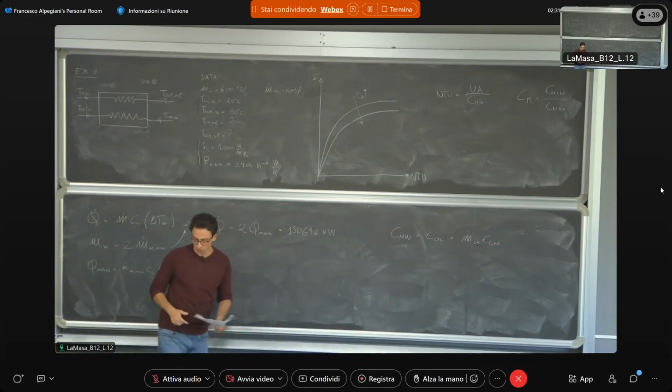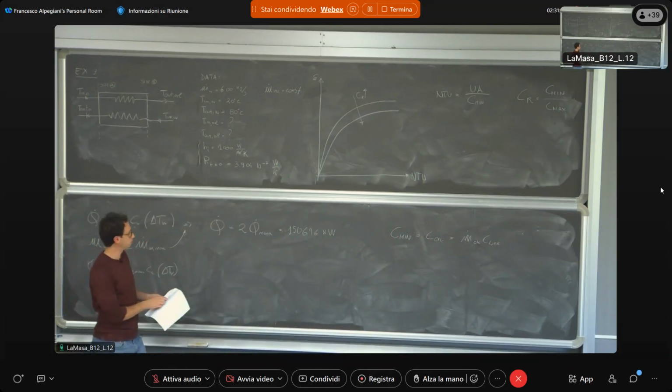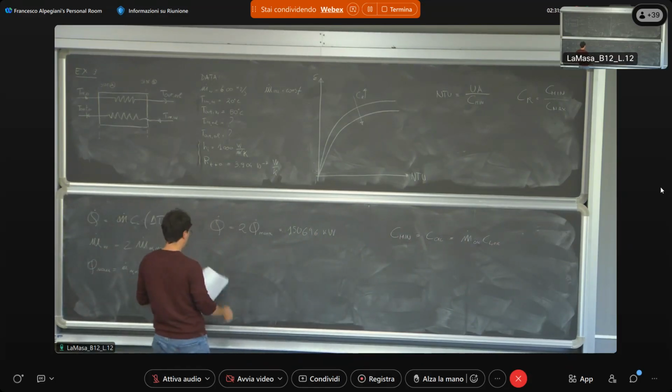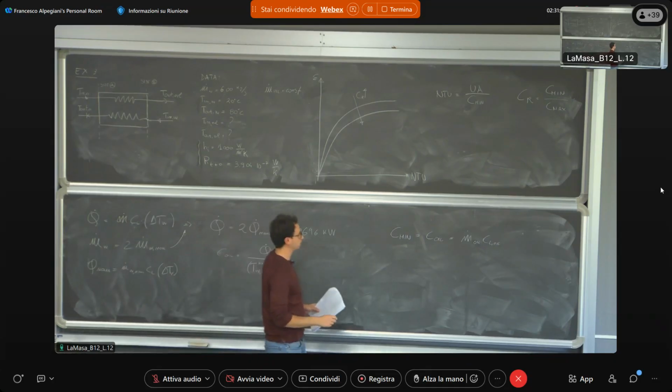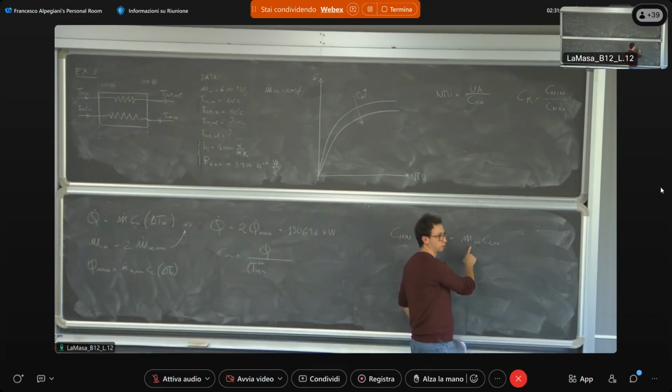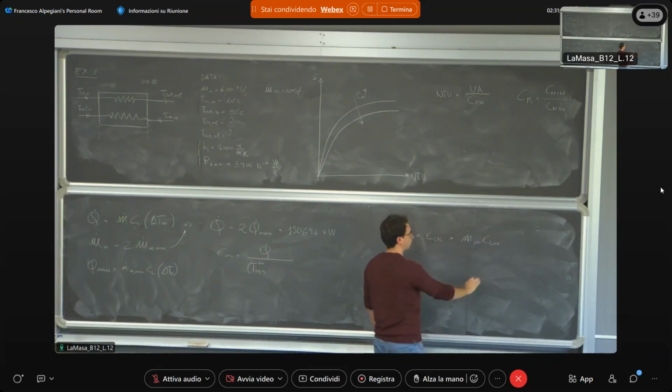Previously, we did not evaluate C oil, so we can do it now. So C oil can be evaluated as Q divided by the difference of T in of the oil at nominal condition, because you know that the mass flow rate of the oil remains the same between off-design and design, and the specific heat capacity of the oil is the same.